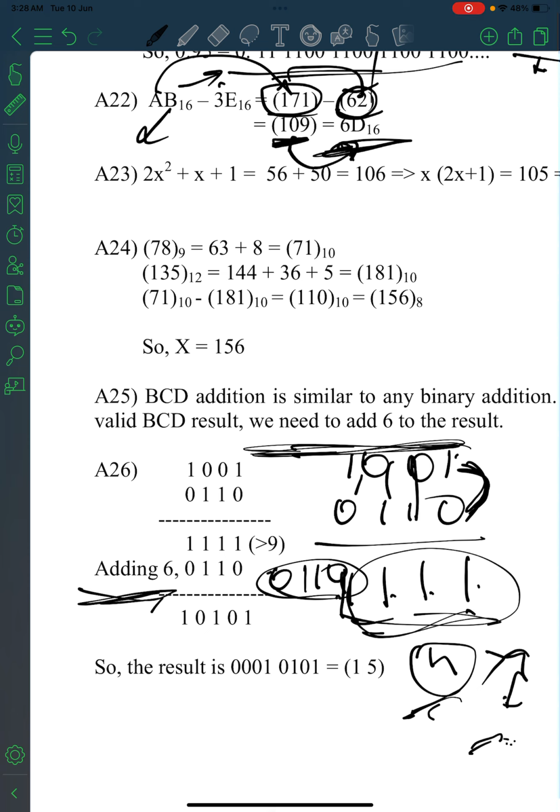If it is less than the negative possible value for that represented limit, then that is an overflow. And if it is greater than the max limit, then it is again an overflow. Then you should do some small additions like this. Now we are adding a 6 over here. So 10101 is the thing. That is the thing.